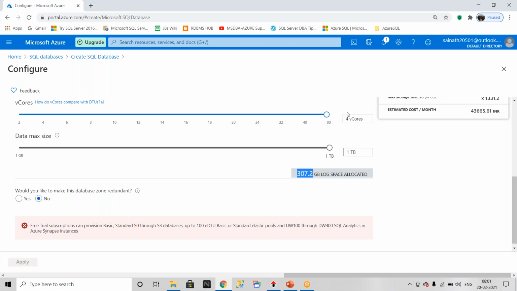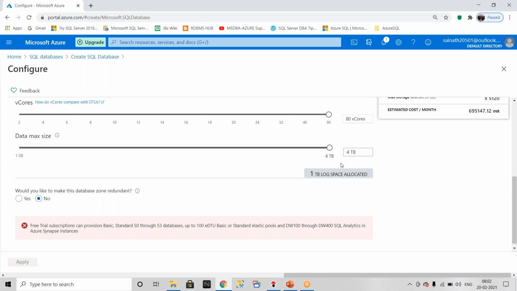If I go for maximum vCore and 4 terabytes, out of 4 terabytes, 1 TB Microsoft is allocating for the log file, and the remaining it is allocating for the data files. Can we change that? Yes, you can change it later, once you connect to the database. That is what we'll see.